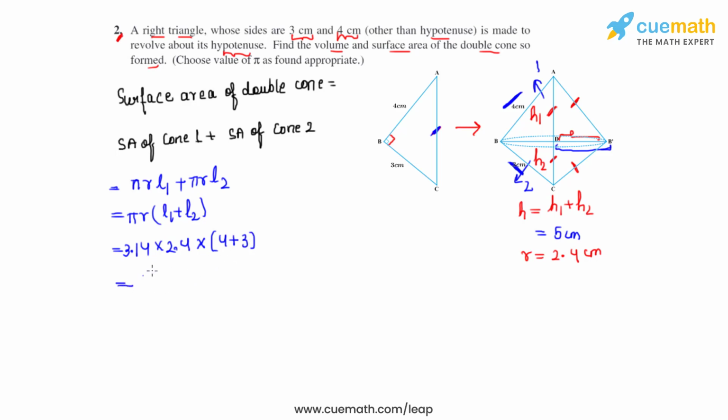So 3.14 times 2.4 times 7 will give us the answer as 52.75 centimeters square, and this is the total curved surface area of the double cone so formed by revolving the right angle triangle about its hypotenuse. And this is how we solve this question.